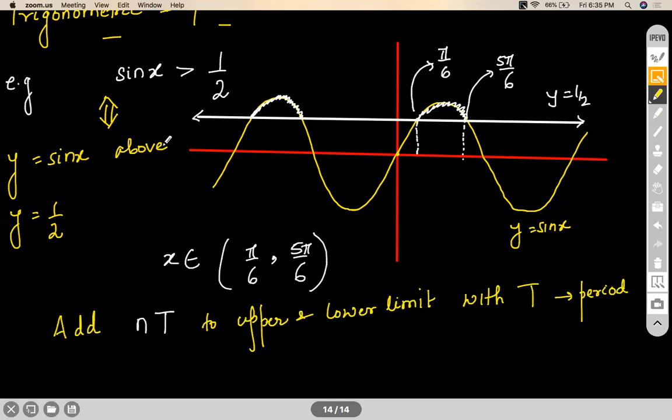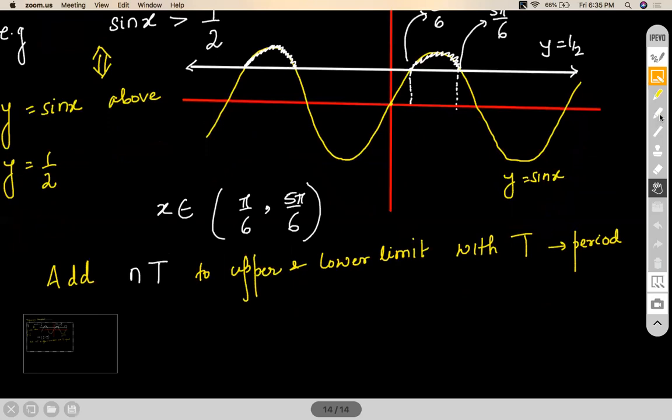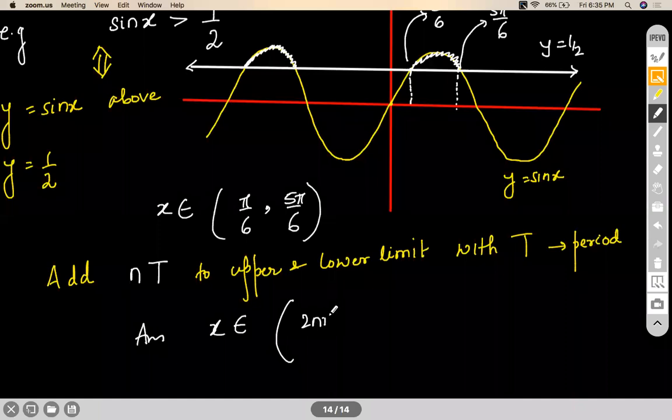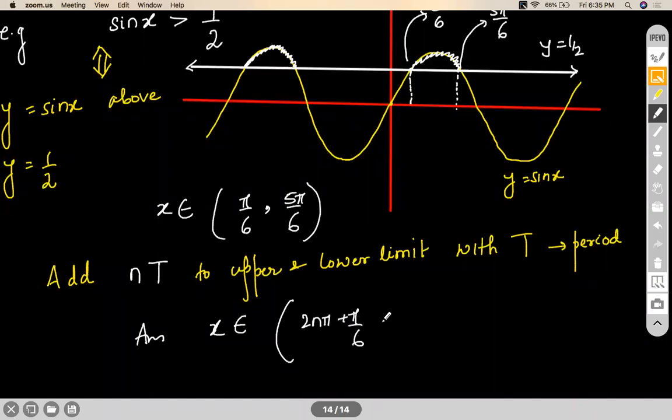Here in the case of sin x, your period is 2 pi. So we are going to say that your x will lie between 2n pi plus pi by 6 to 2n pi plus 5 pi by 6, and we take a union of this for n belonging to all integers.